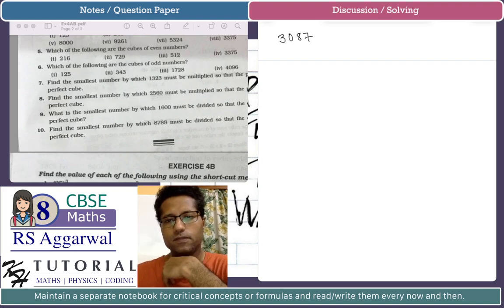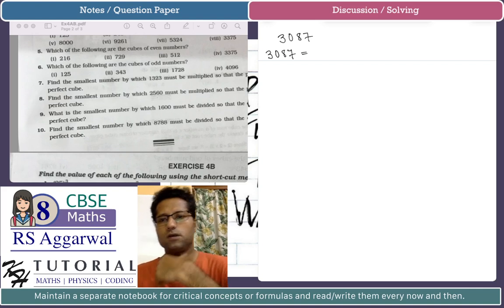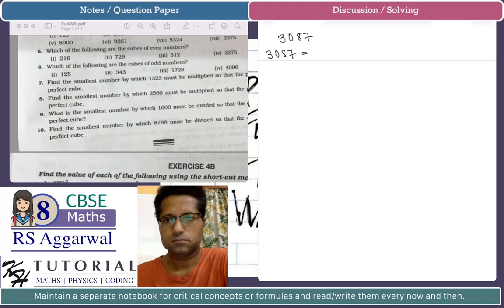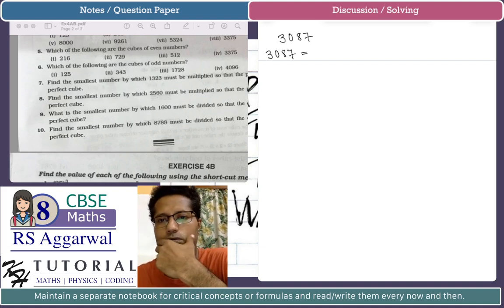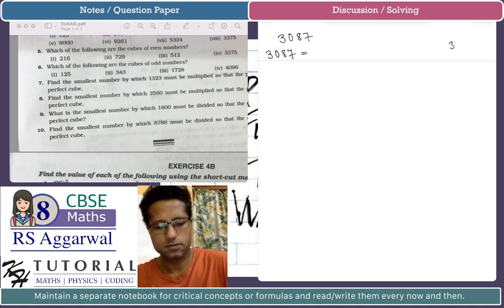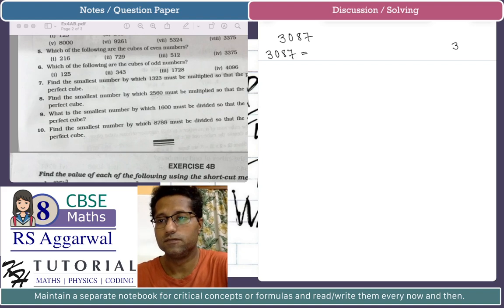So definitely first we have to do the prime factorization of this number. This is where I normally struggle. Now 3, okay, so I think it is divisible by 3. So 3, 1029.